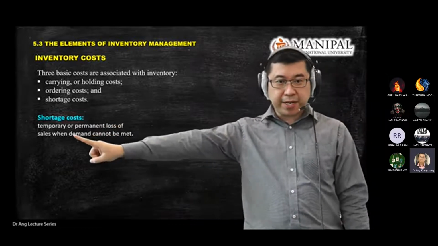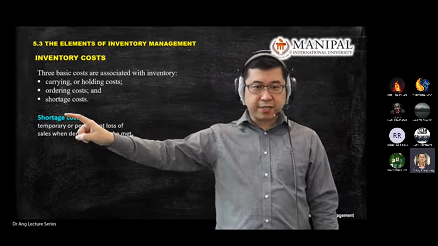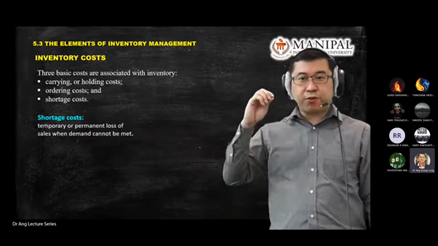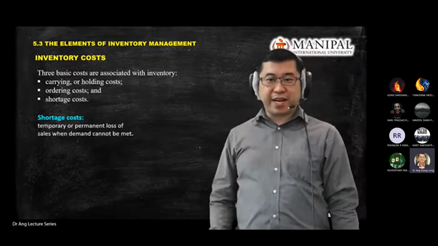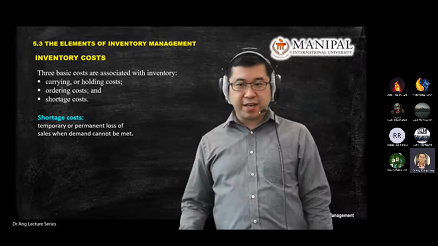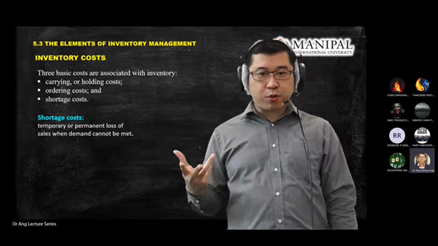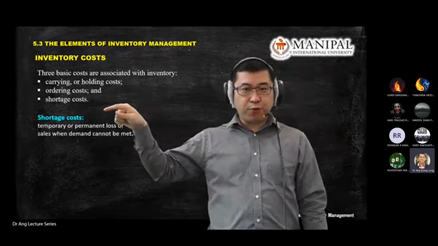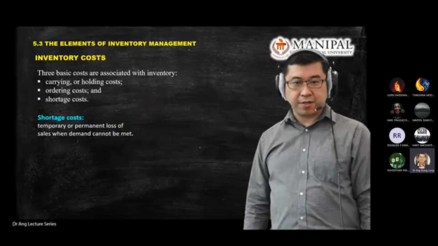If you have lots of faithful customers, it falls under temporary losses. But if you keep repeating it, because you have very weak inventory management, every time the customer goes to your store, they don't have it. Second time, don't have. Third time, don't have. Then you make your faithful customer angry and you might experience permanent loss.